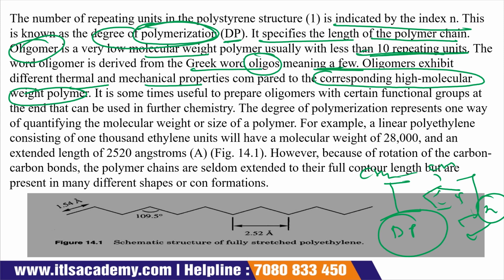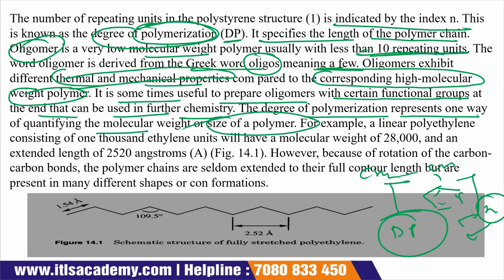Even the thermal properties and the mechanical properties both. It is sometimes useful to prepare an oligomer with a certain functional group at the end that can be used in further chemistry. The degree of polymerization represents one way of quantifying the weight or size of the polymer.